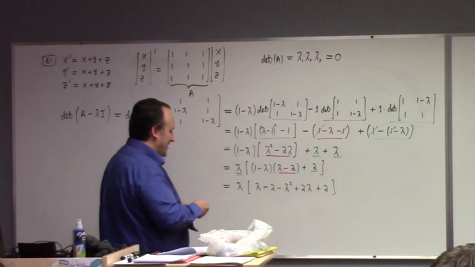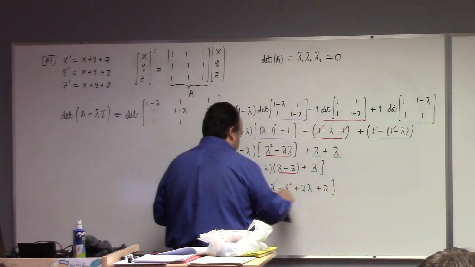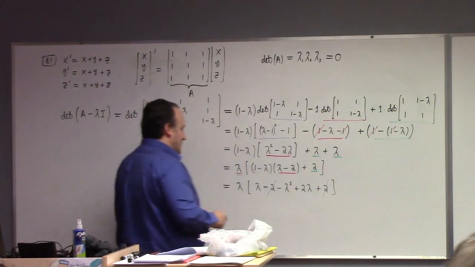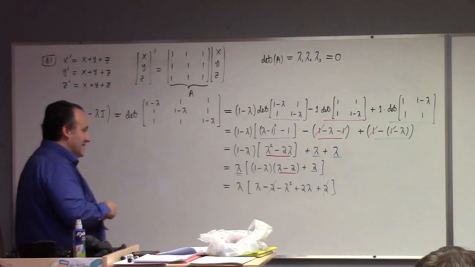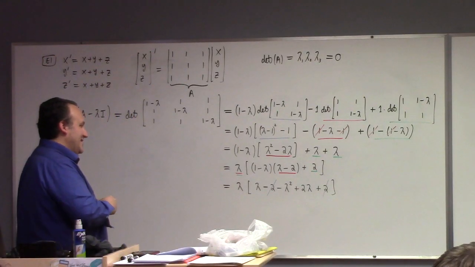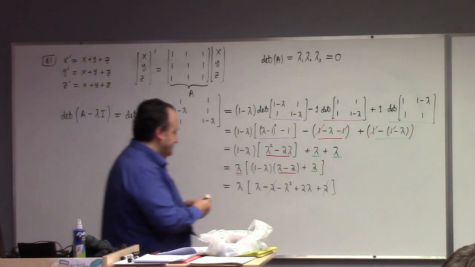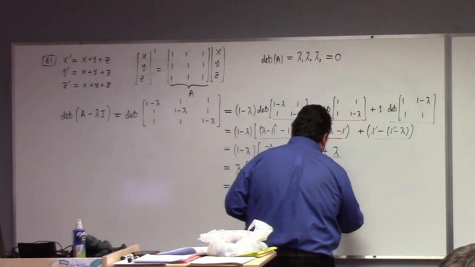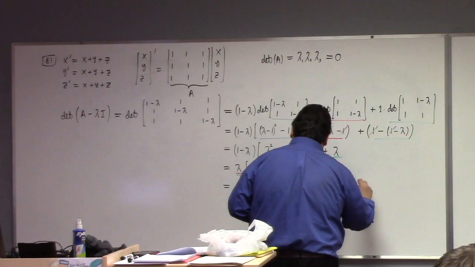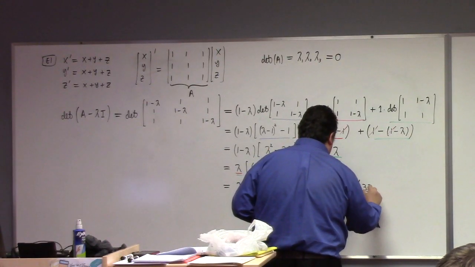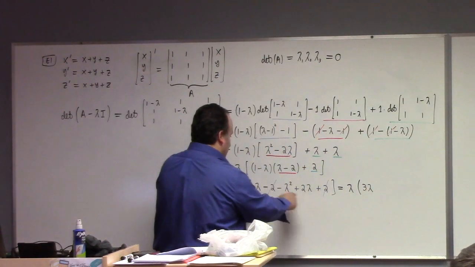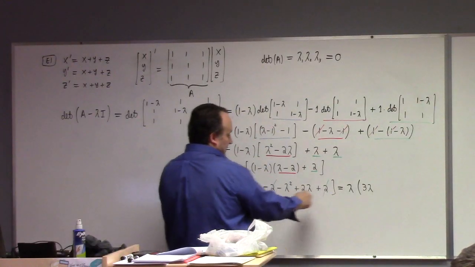All right, so these 2's cancel. I have a healthy respect for this problem. It got me yesterday. All right, so that's 3. So I have lambda times 3 lambda, because I got 1, 2, 3 minus lambda squared.